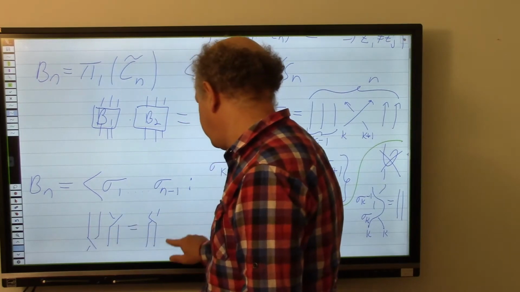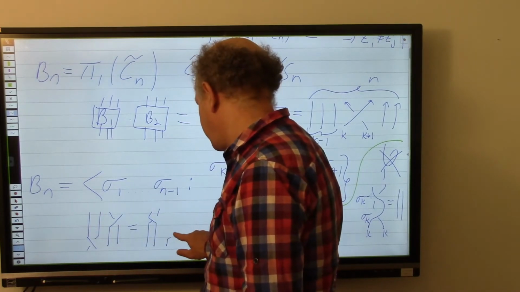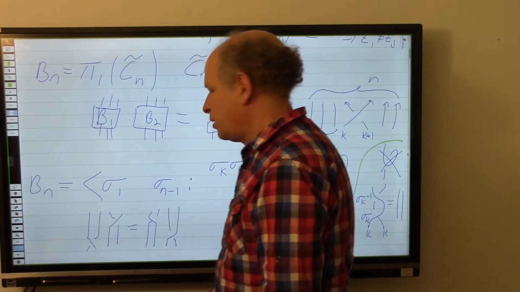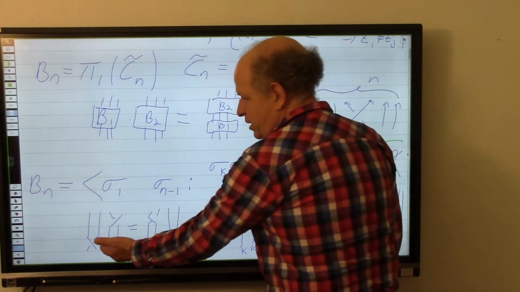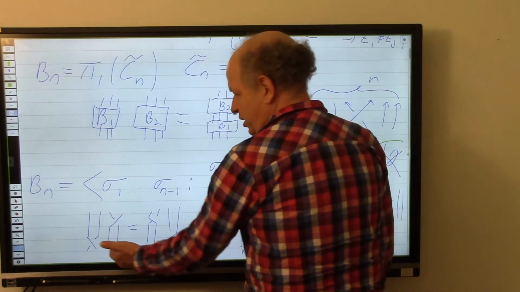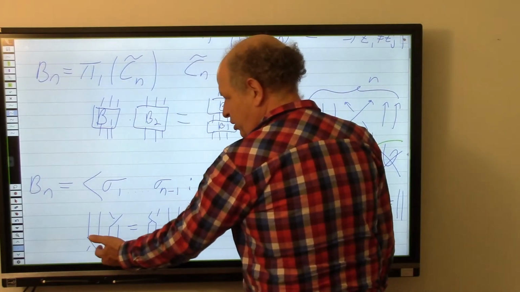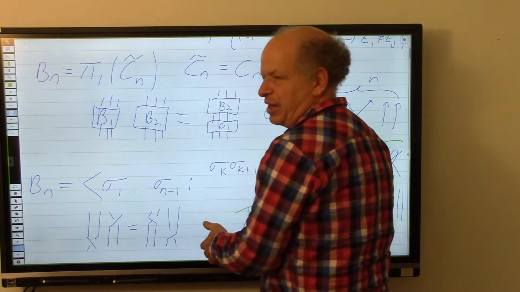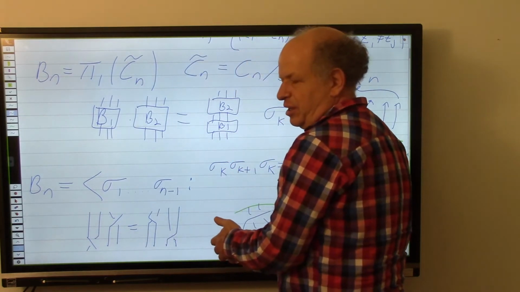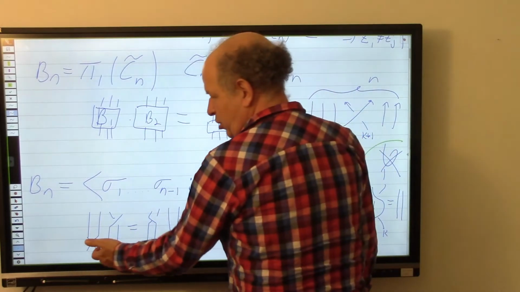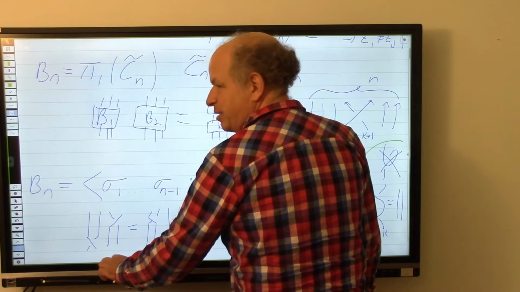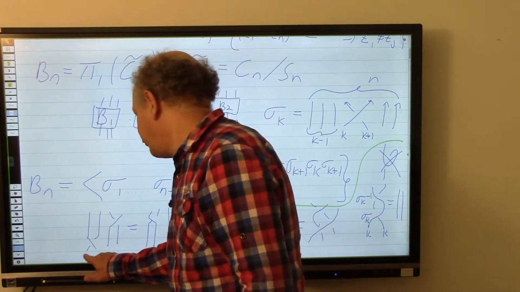That was automatic. We regarded the two sides of this equation as being the same diagram. But in terms of group theory, this would be sigma i, this would be sigma j, where i is different from j.